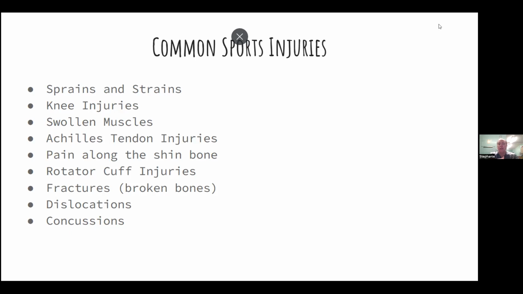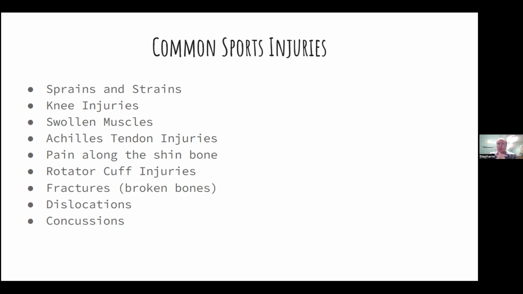The difference between the two is a sprain occurs to a ligament, which is between two bones, like in your knee or your elbow, and a strain is a muscle.